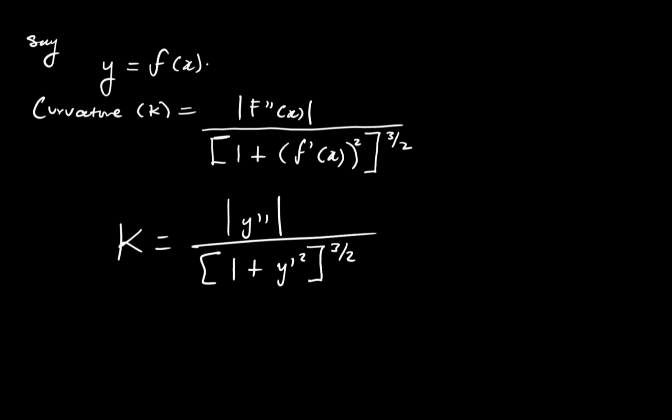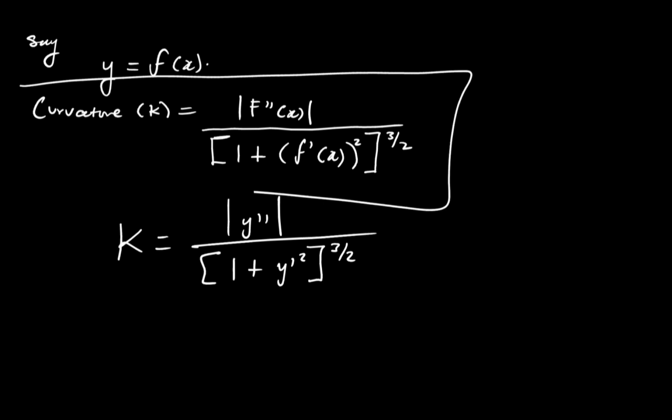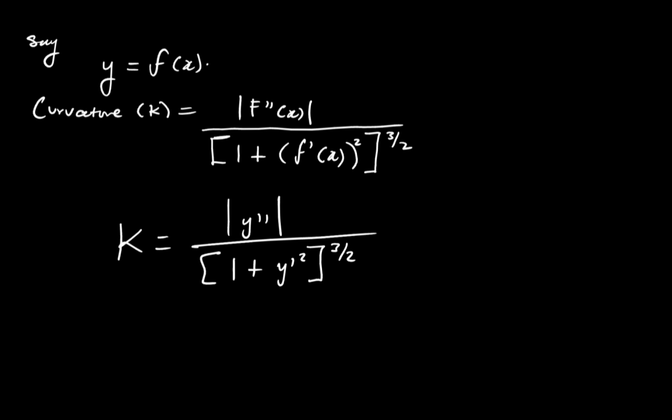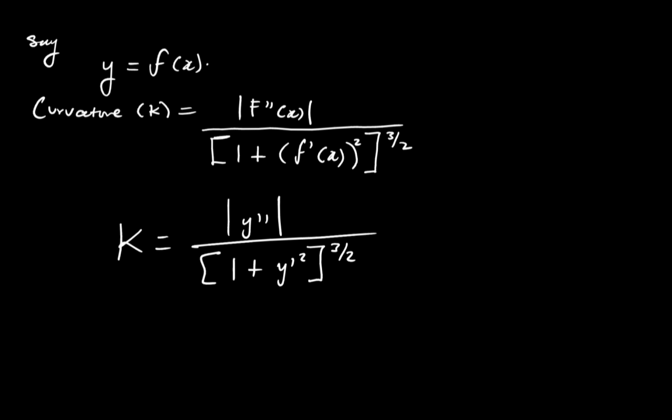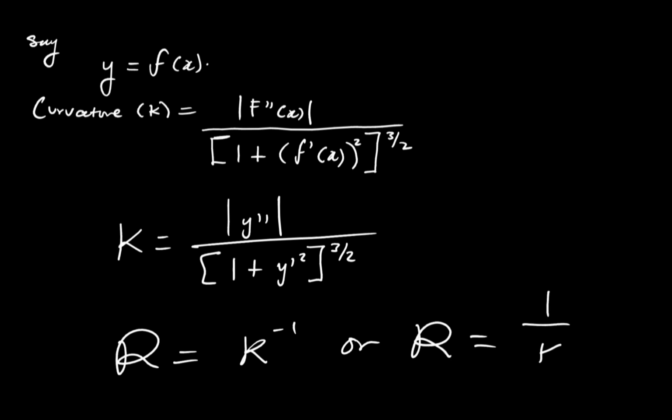I mostly prefer this one. So you can either use this one or this one. The radius is simply the inverse of k. So the radius of curvature is simply k to the minus 1, or others write the radius of curvature to be 1 over k.